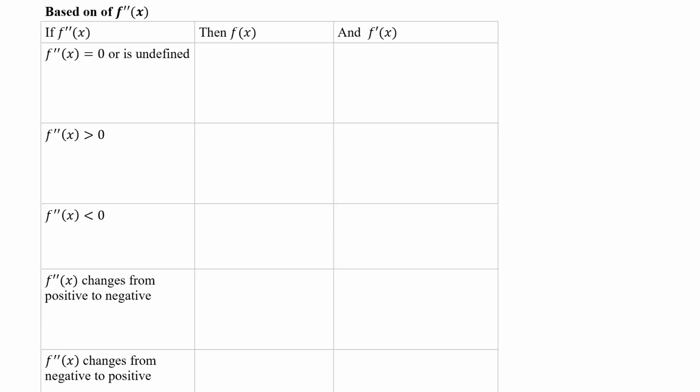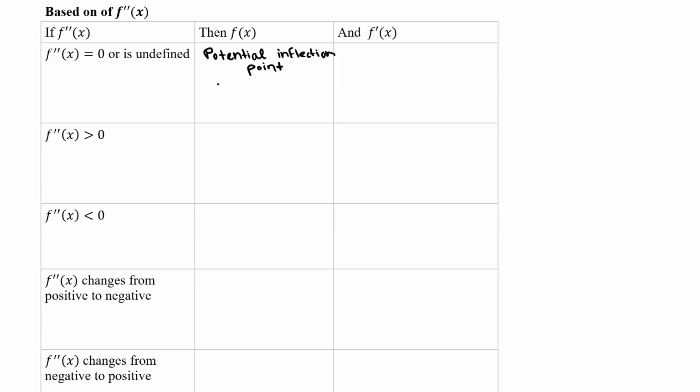When we have f double prime equal to 0, that means our original function is potentially going to have an inflection point there.